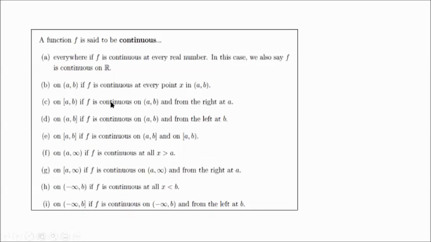Ayan. So take note lang dun sa mga ano natin. So you can use this kung walang graph. So these are all facts. So a function f is said to be continuous everywhere if f is continuous at every real number. In this case, we also say the function is continuous on all real numbers. Okay? And then, ito rin. So hindi ko na babasahin isa-isa.